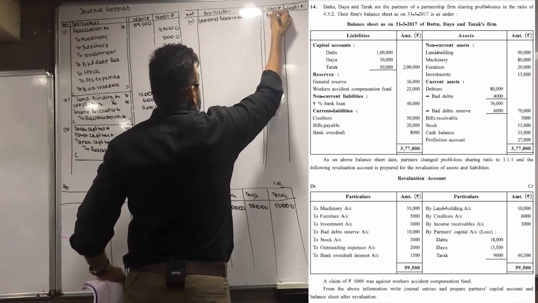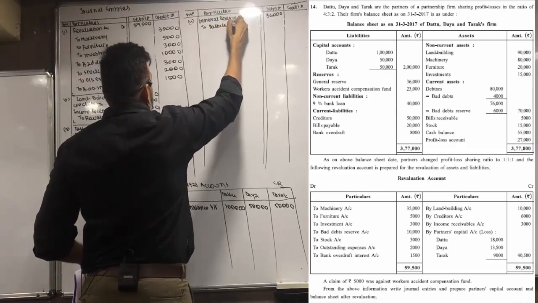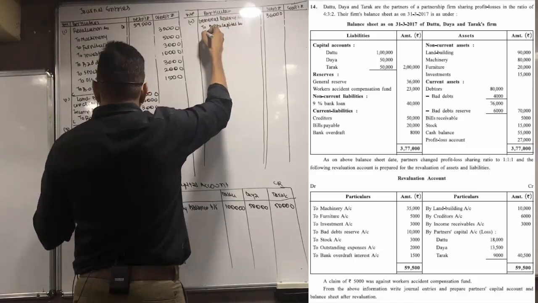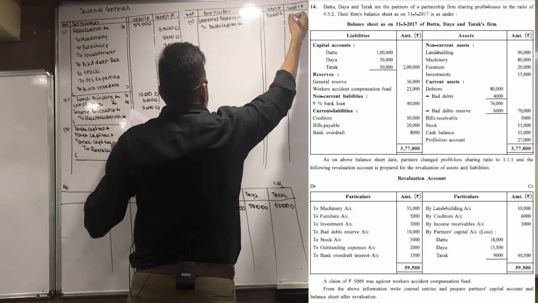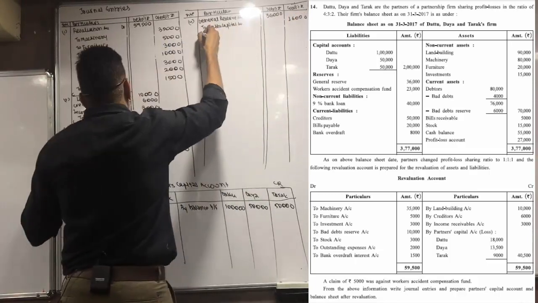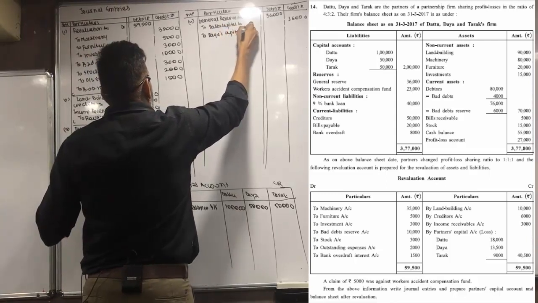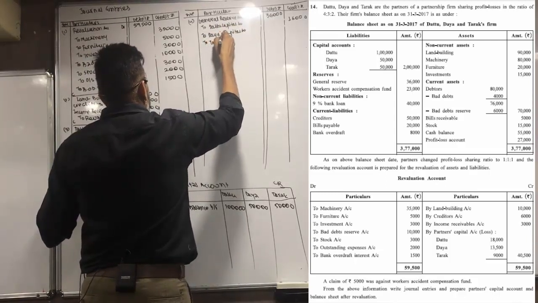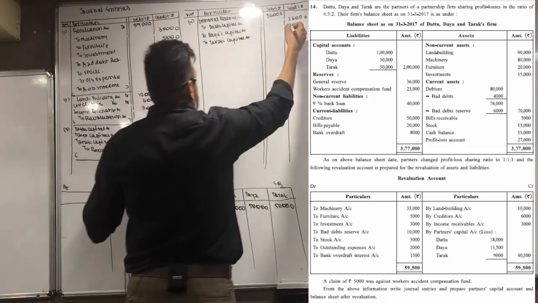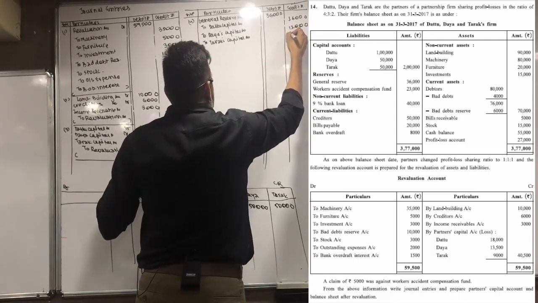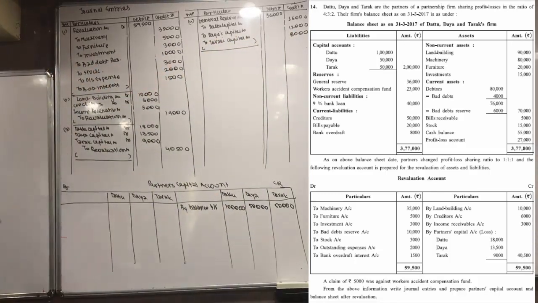To Dattu's capital account. Ratio is 4:3:2, total 9. So 16,000 to Dattu's capital account, to Daya's capital account and to Tarak's capital account 12,000 and 8,000.